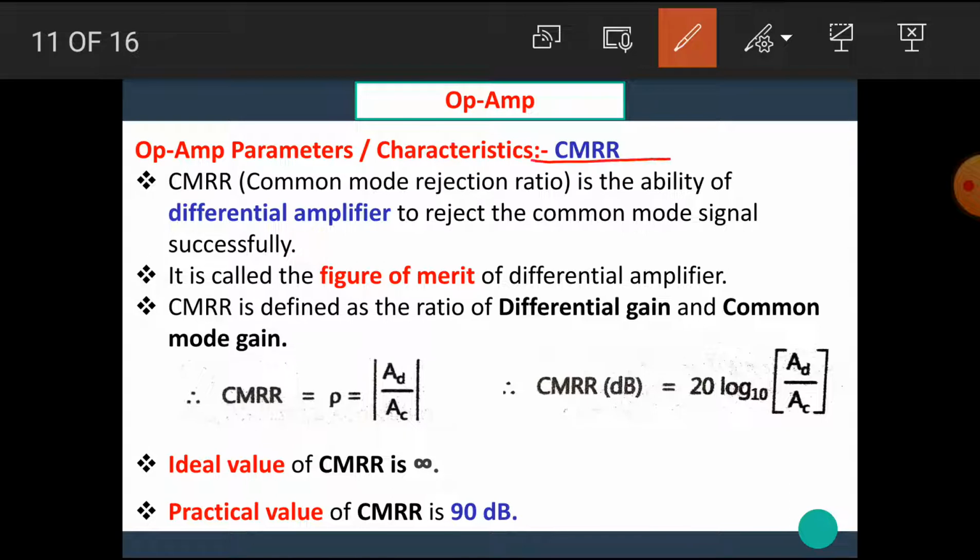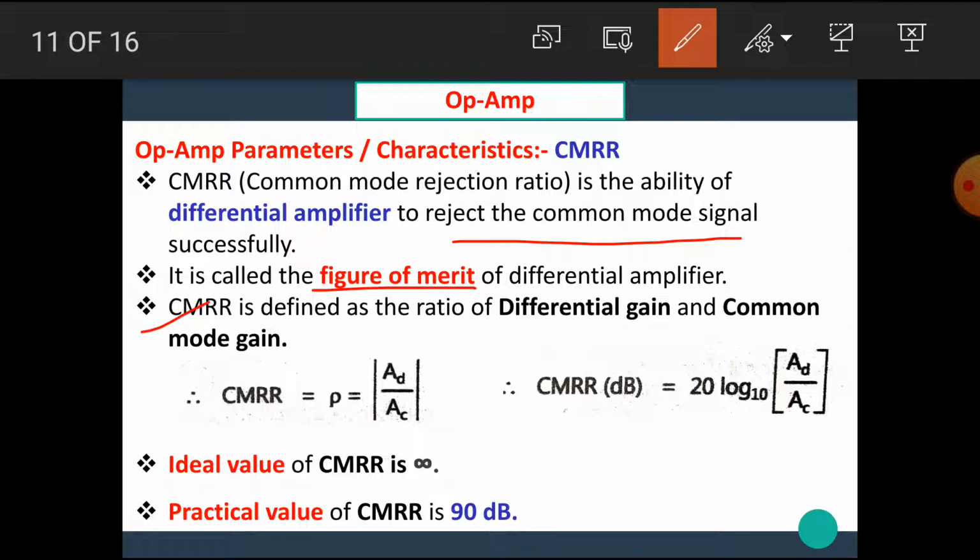Let's see the next term, CMRR. The CMRR, that means common mode rejection ratio, is the ability of the differential amplifier to reject the common mode signal successfully. It is called the figure of merit of the differential amplifier.